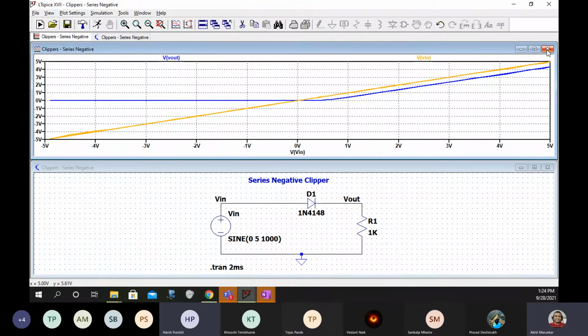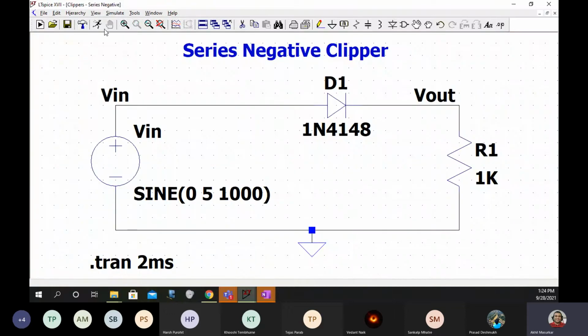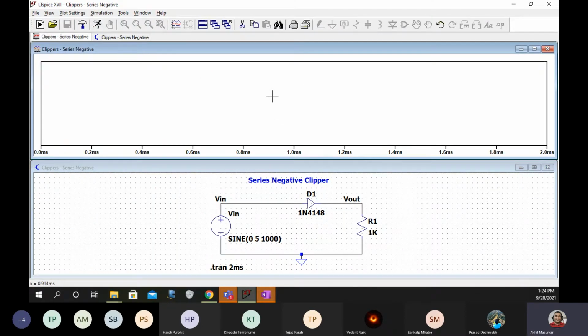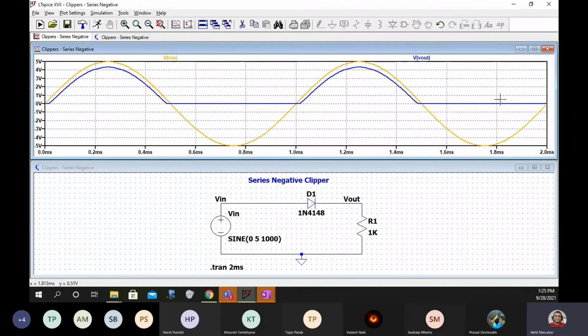So I will go from the start. I will go from the circuit. Once you write this .tran 2 milliseconds, I will say run. Once I say run, I want to see now V in and V out. So I say okay, I will be able to see both these waveforms. But these waveforms are plotted with respect to time. You can see here on the x-axis there is time.